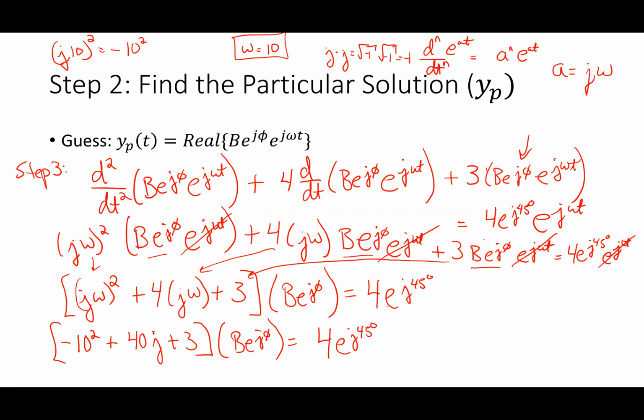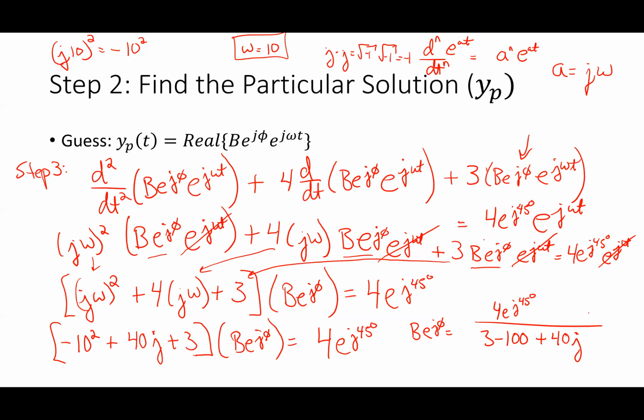So there's our equation, and that's actually two equations, one for the magnitude and one for the angle. I'm going to write it like this, though. For the moment, this looks like b e to the j phi equals 4 e to the j 45 degrees divided by 3 minus 100, so 3 minus 10 squared plus 40j.